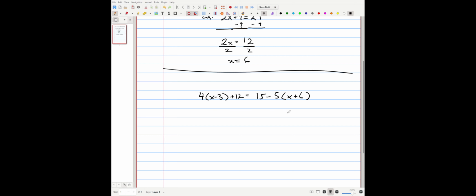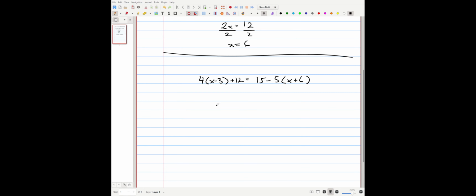Basically do PEMDAS, right? Simplify, get everything in terms where there aren't any parentheses going on. Then we'll combine the like terms as they appear on each side. And then what we'll try to do is separate the variables and the numbers. And by that I mean getting all the x's on one side, getting all the numbers on the other side of the equal sign. And then we can divide by a number and get x by itself.